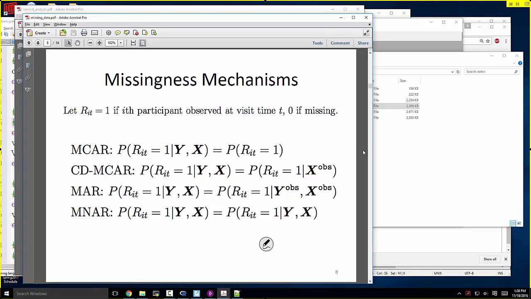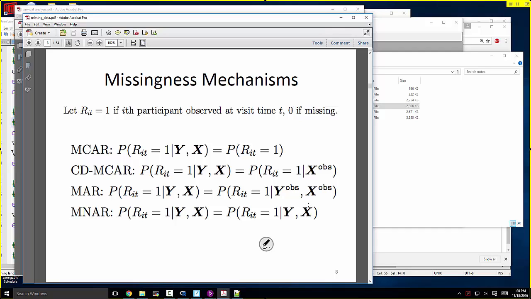Another possibility, I'll just show 3 of them, we're out of time, is missing at random, which means that the probability of missing only depends on the data that we observed.